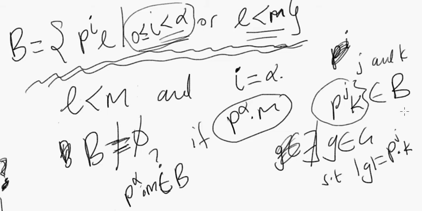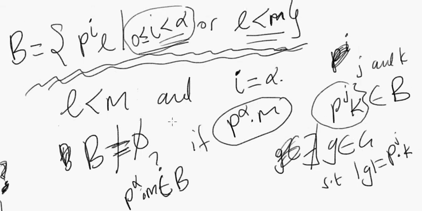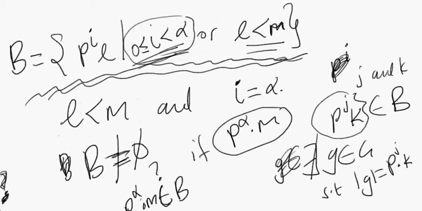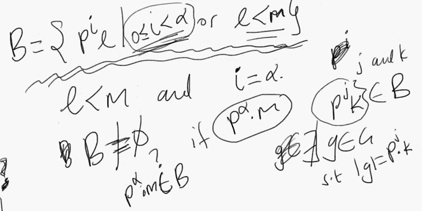All right. Given that, first of all, the first condition is not satisfied, right? I is actually equal to alpha, and L equals M, so can P to the alpha times M ever be an element of B? If we say that P to the alpha times M is not an element of B, okay, maybe that's another piece of information we can use.